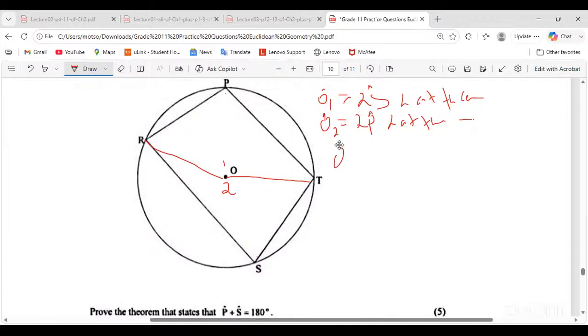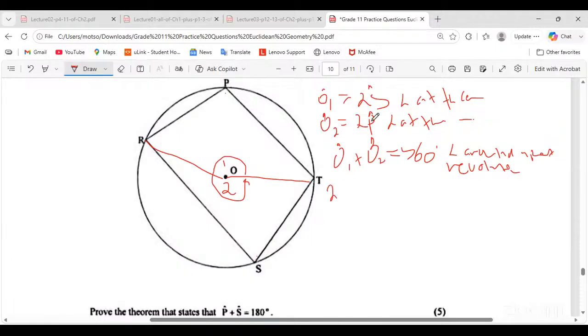Now, angle O1 plus angle O2, which is this part plus this part, gives me 360 degrees, not 380, but 360 degrees. That is angles around a point, or a revolution angle.